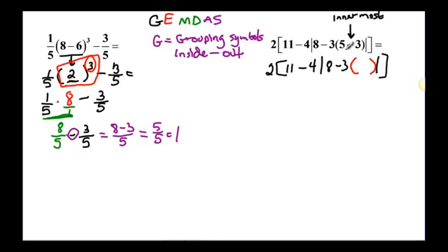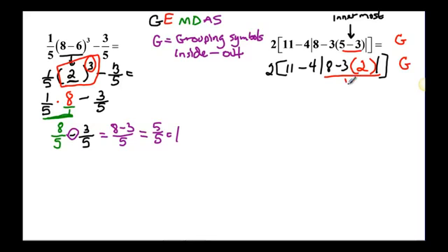So inside there, 5 minus 3 is going to be 2. We still have grouping symbols, so we have to do the G again. We had a grouping symbol here, and we still have a grouping symbol. So we would do our innermost first, so we're going to do this part right here. Inside there, this is a really complicated problem.